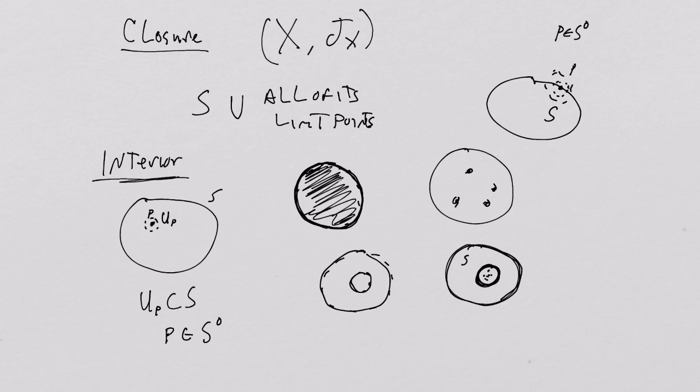Now, the interior of a set, by the way, you can prove a couple interesting things about it. First of all, the interior of a set is always open. So given any set S, the interior of S is always open.